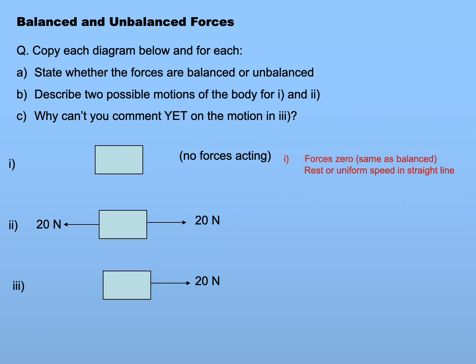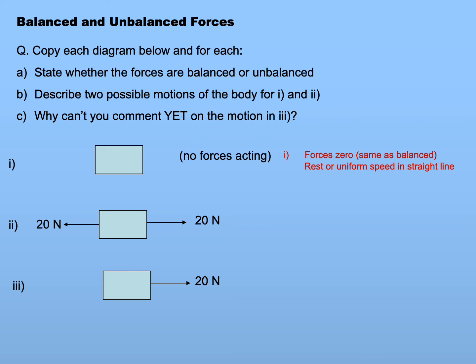Well, there are no forces acting on this body. The net effect of that is the same as if the forces were balanced. So this body could either be at rest, but it also could be moving with uniform speed in a straight line. We're not told enough information here to know which of those two is in fact the case.